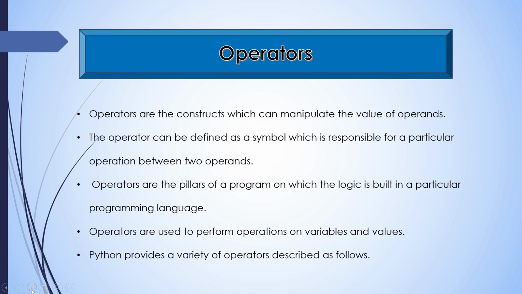For example, I am going to take a pen here, just a second. Okay. So here I am going to take an example like A is equals to A plus B. Here A and B are the operands, and plus is the operator.